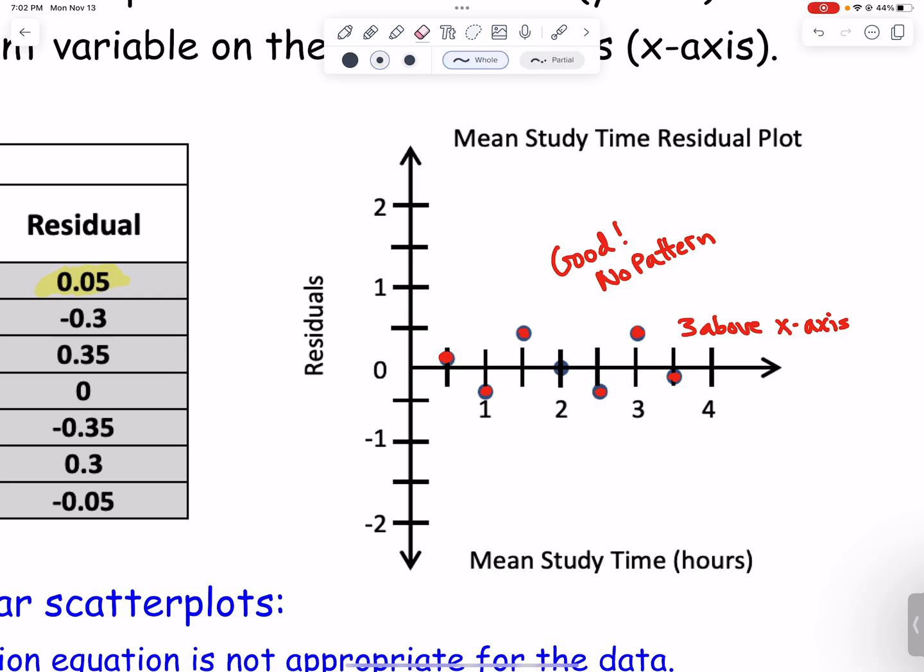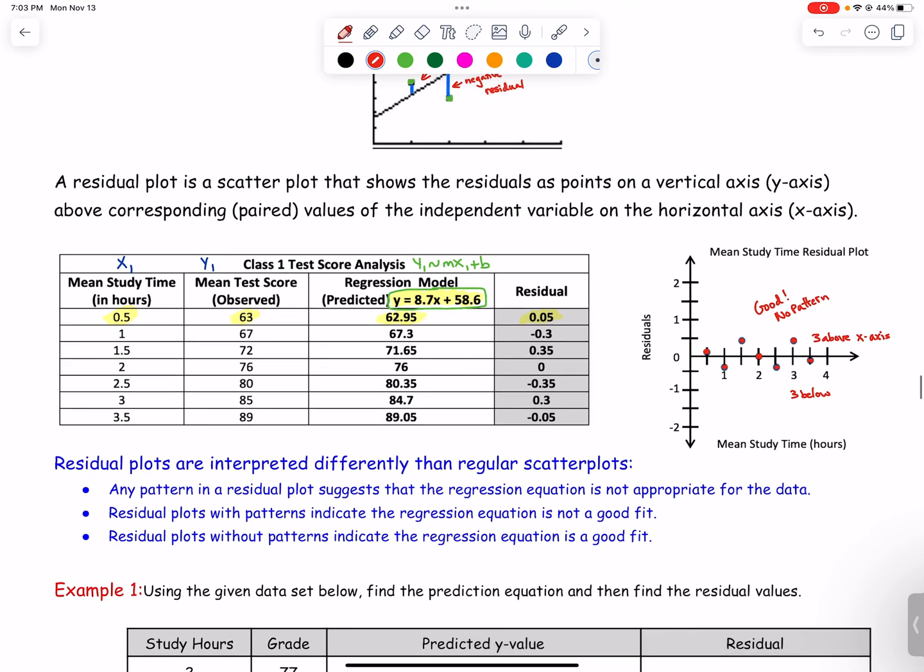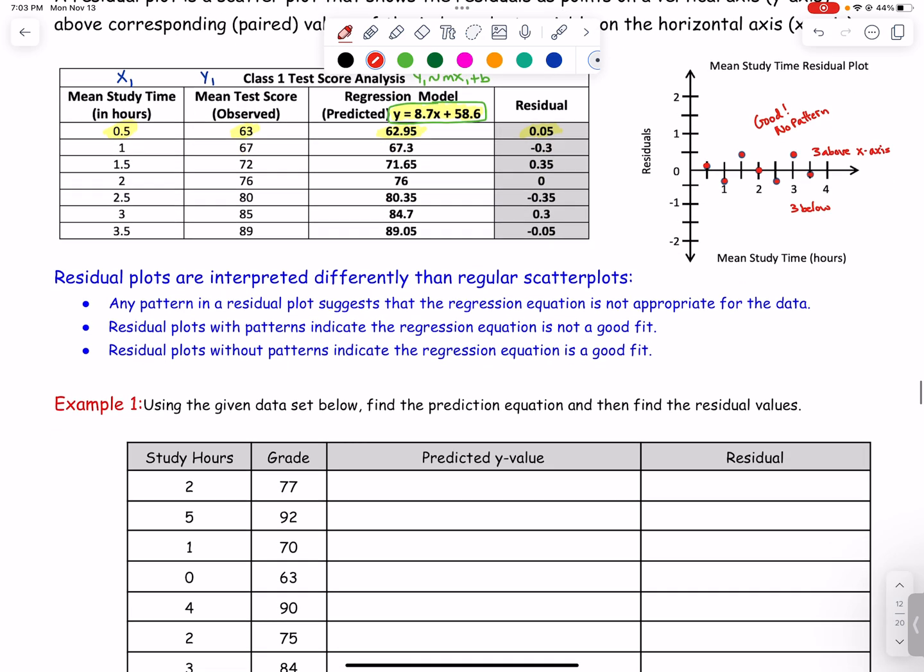Notice there's an equal amount above, an equal amount below, and 1 point is right on the line, which is fine. But it's equally scattered around the x-axis. There's no pattern. This is a good residual plot. This would indicate that this regression model is a very good fit for this data. So let's look at one for ourselves.